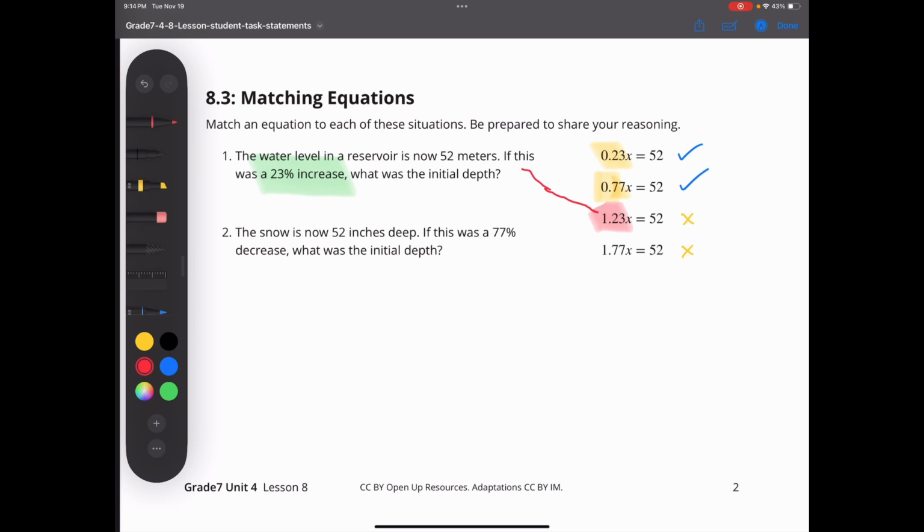This one is a little confusing, but if it decreases by 77%, it's actually going to be 0.23x, because 1 minus 0.77 is 0.23. And that's what you do when you decrease something. Just like the depreciation is 1 minus the rate, it's 1 minus 0.77.